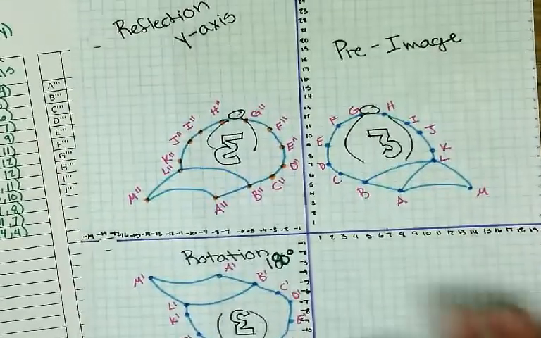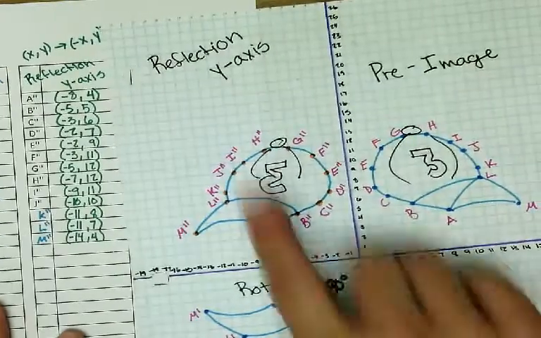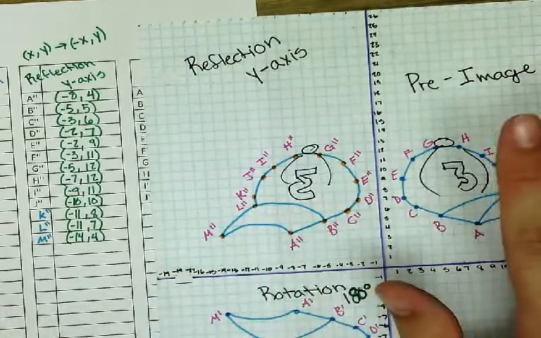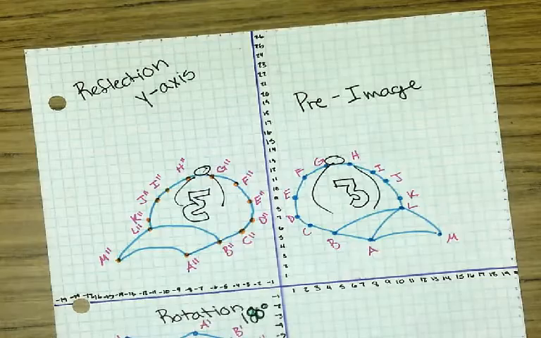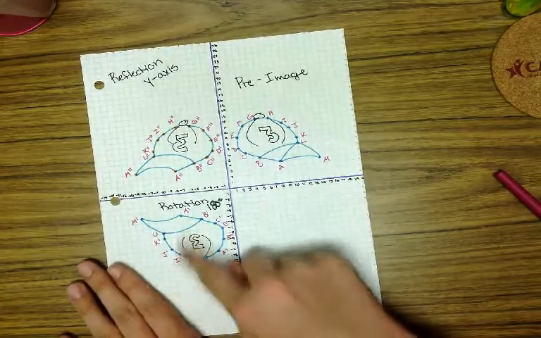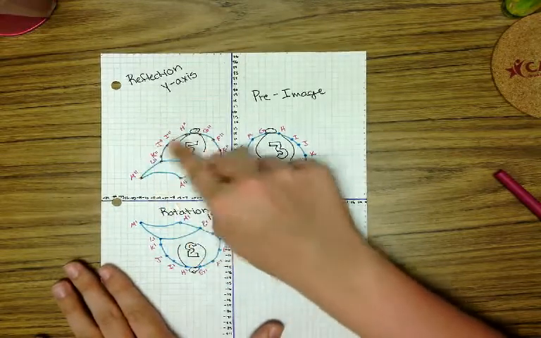Once you have this, make sure you have reflection up here, and you have all this, and then you're completely done with reflections. So you either have a paper that looks like this, with a rotation of 180 degrees and a reflection over the y-axis or x-axis. It's one of the two.